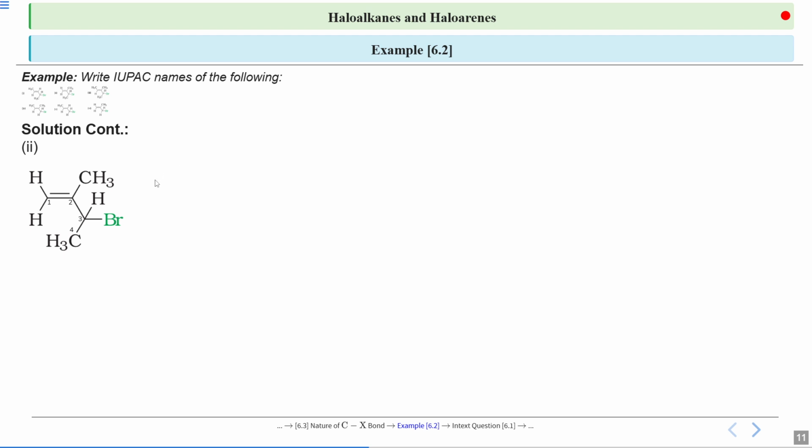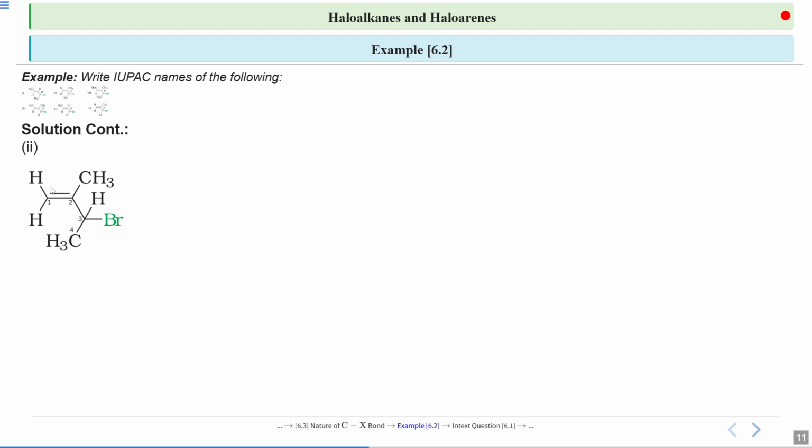4 carbons can be present as maximum, right? So we have choices from 1, 2, 3, 4 or from 1, 2, 3, 4. Here you have to put the lowest possible number on the double bond. So if you take this chain as 1, 2, 3, 4, then the double bond will get the 2nd position carbon, right?